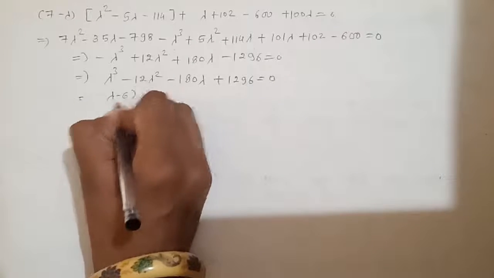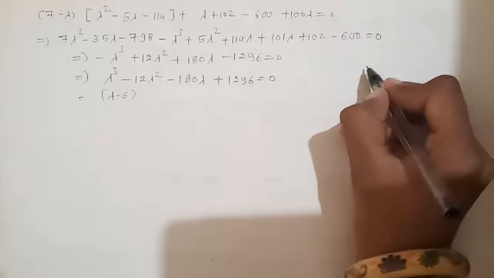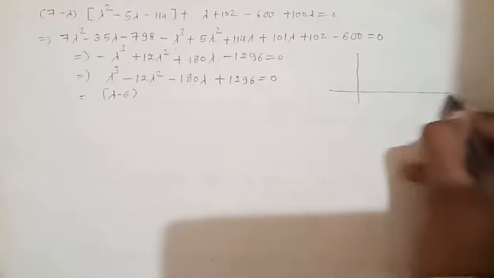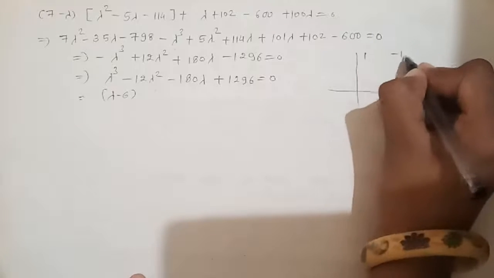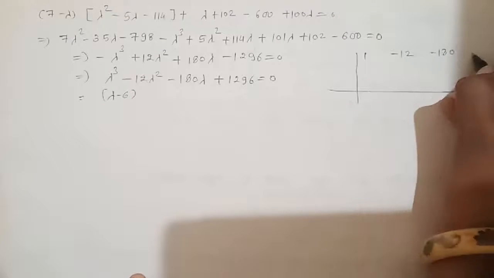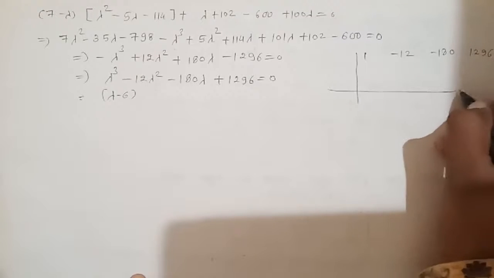So lambda minus 6. Now further we will find the remaining terms by synthetic division. So 1, minus 12, minus 180, 1296.